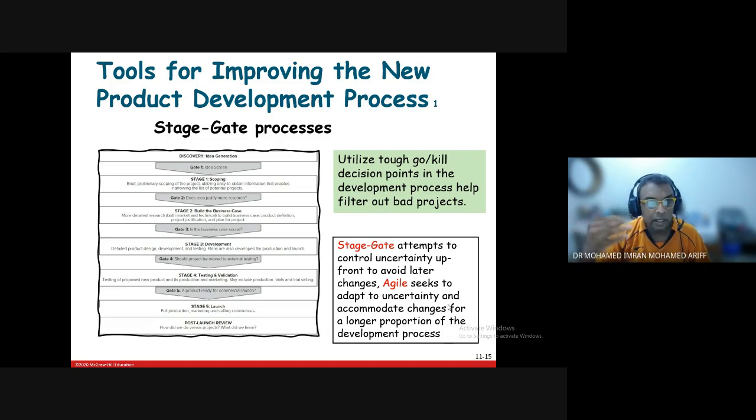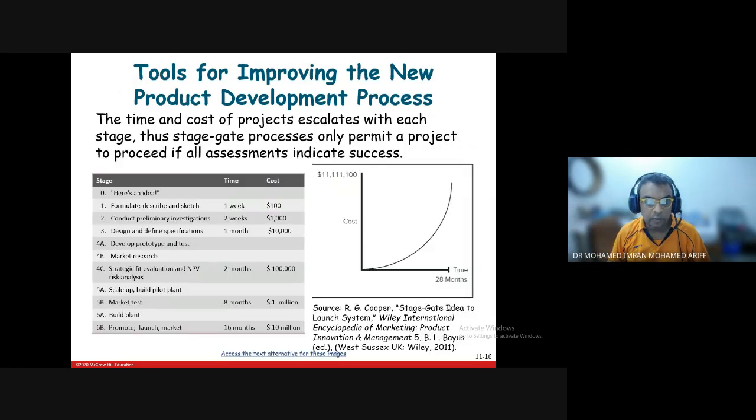In the Agile process, there is always uncertainty. It will be there all the time because you have not cleared it. Or maybe you bring it forward, saying this is just a small thing, so we bring it forward. Right? Alright. So, the time and cost for a project escalate within stage gate.